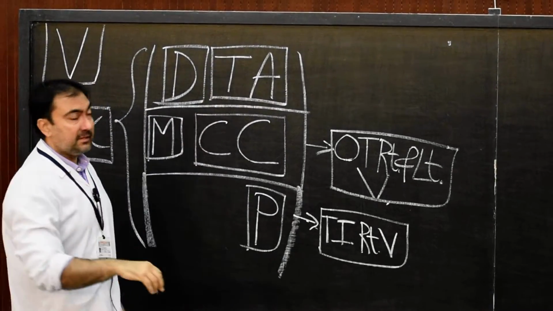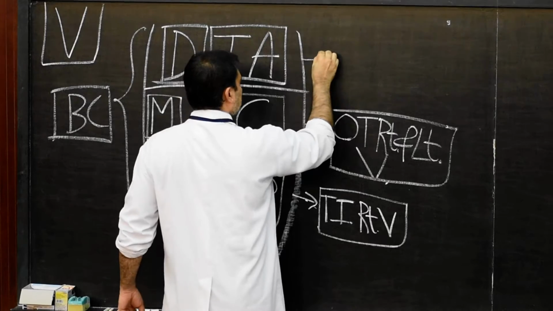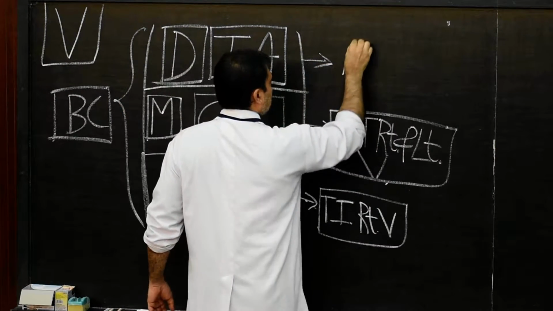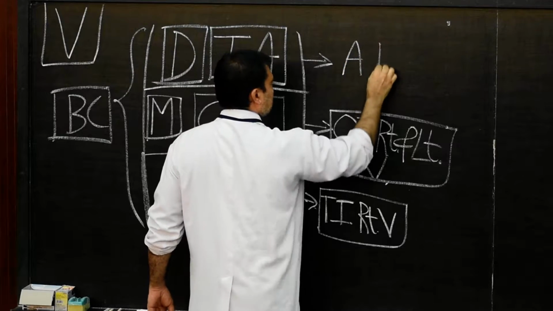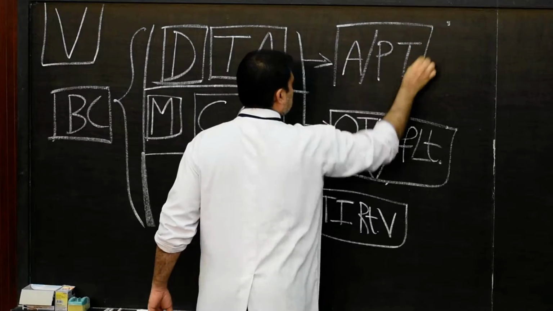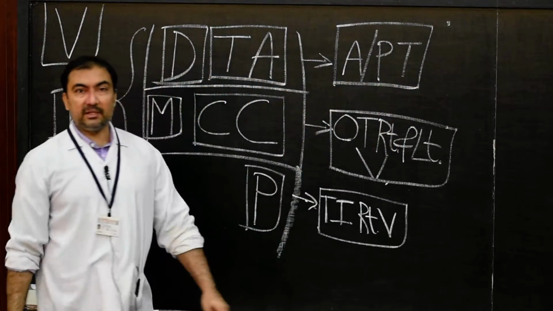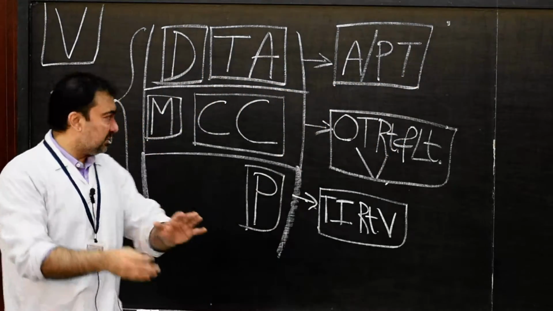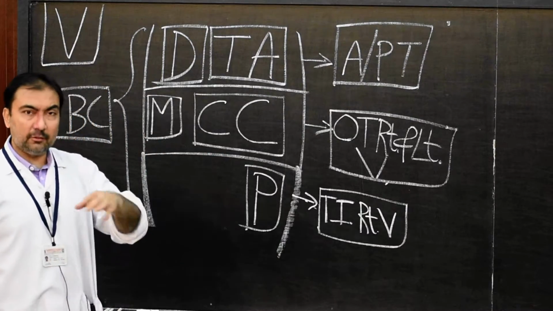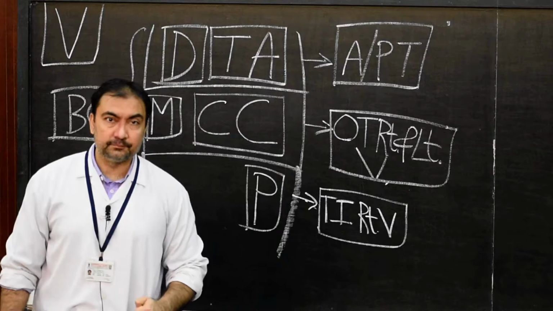And what will this truncus arteriosus develop into? It will develop into aorta and pulmonary trunk. Aorta and pulmonary trunk. Keep this entire thing in your mind. It will be helpful in solving 1 mark MCQs also.